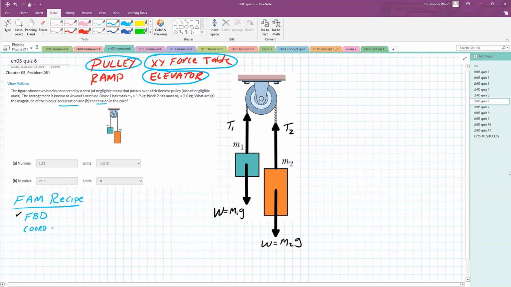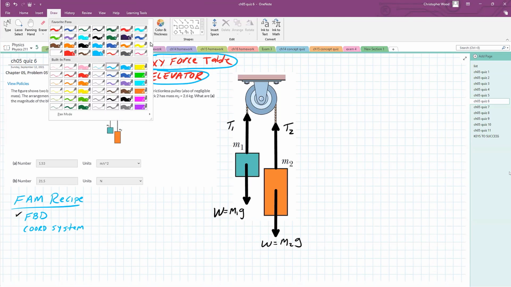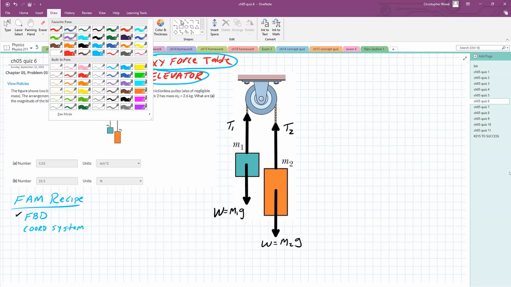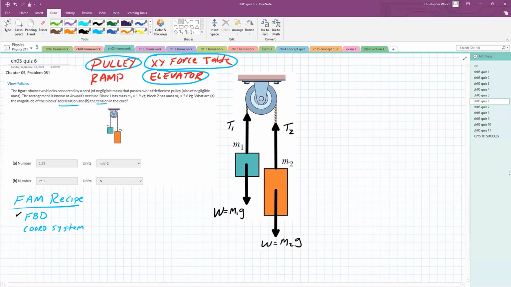Now check out my coordinate system. I'm going to have two different coordinate systems. Here's the cue you look for: do you know the direction of acceleration? And the answer is, yeah, I do know the acceleration of both of these masses, because M2 is greater than M1.